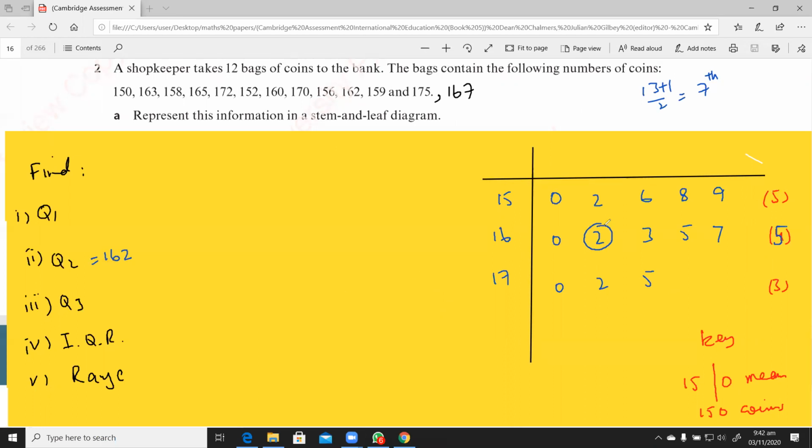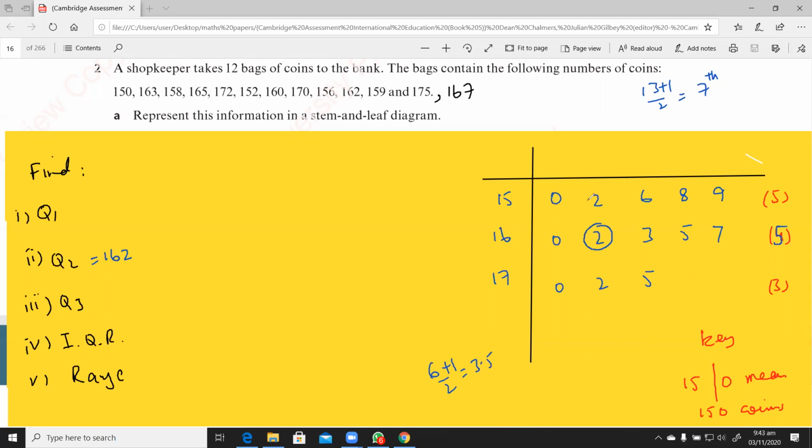Before this median, which was the 7th, we have 6 observations before it and 6 observations after it. So now we find 6 plus 1 over 2, that is 3.5. That means the lower quartile is going to be between the 3rd and the 4th observation.